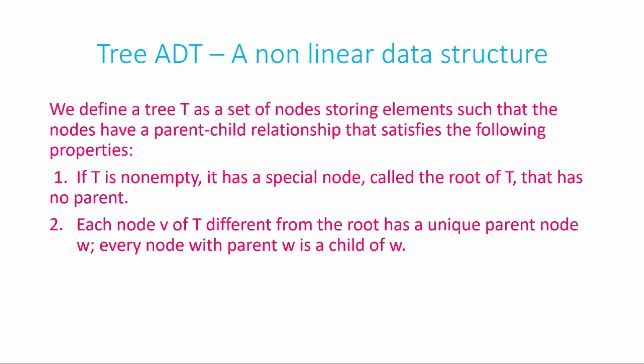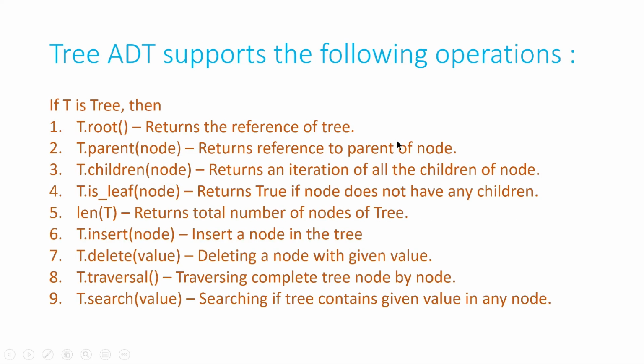If we talk about the operations in tree ADT, these are the operations which must be implemented in tree. So when implementing, if you are creating a class tree, then create an object or an instance of class tree as T. Then T must be able to invoke all these methods, meaning in your class you should define all these methods.